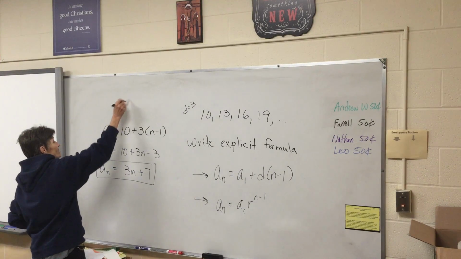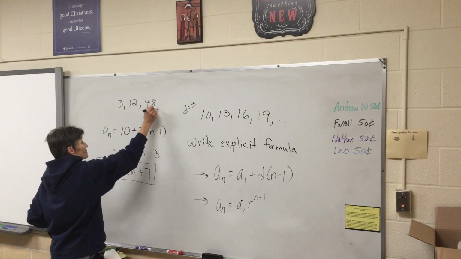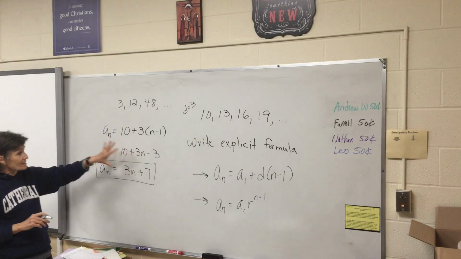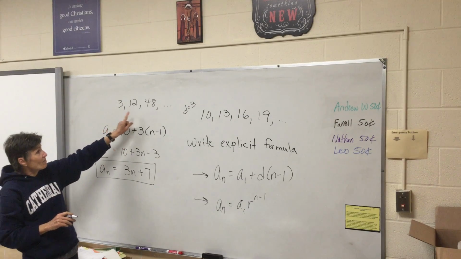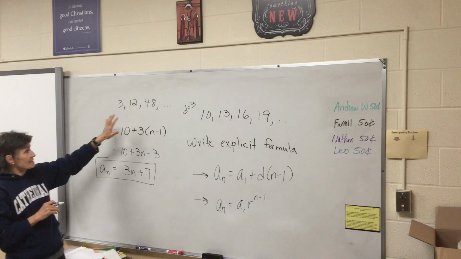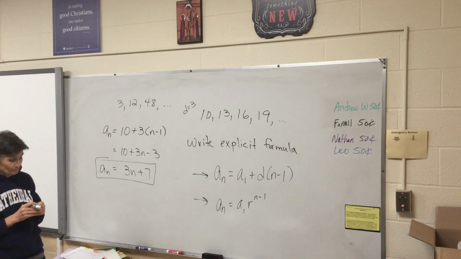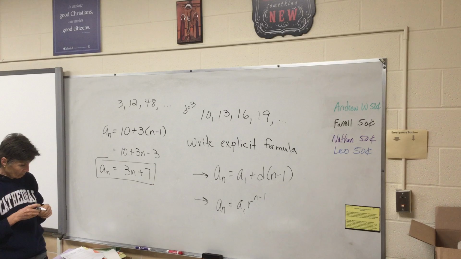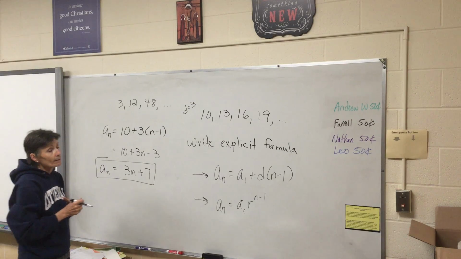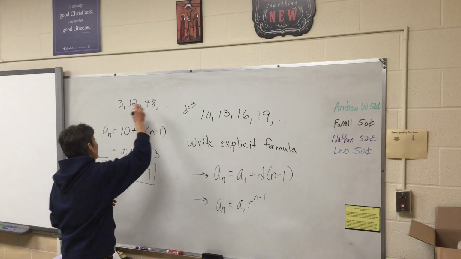Sequence is 3, 12, 48. And you're writing an explicit formula. So you're doing this very same thing with that sequence. All right, tell me about that sequence. What's happening there? Geometric. Yep, we're multiplying by 4.